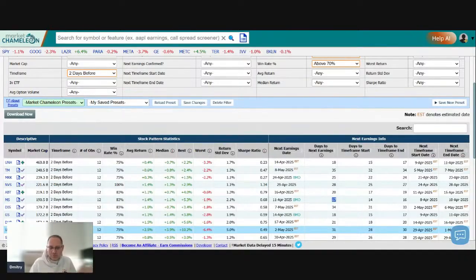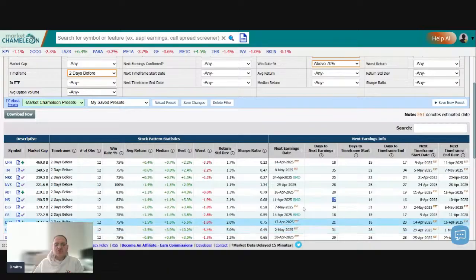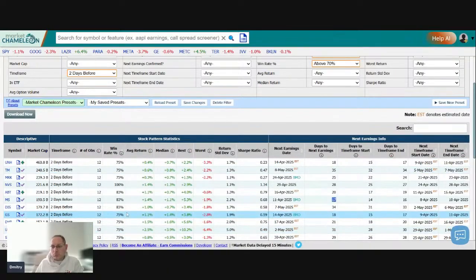These are what happened in the last 12 quarters. And of course, you would still need to have a bullish outlook on this particular stock, because that's what this is looking at, a more bullish outlook in the 2-day run up.